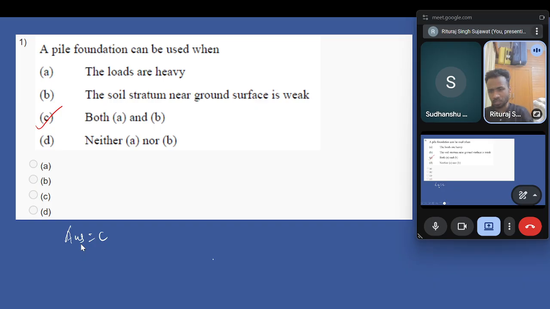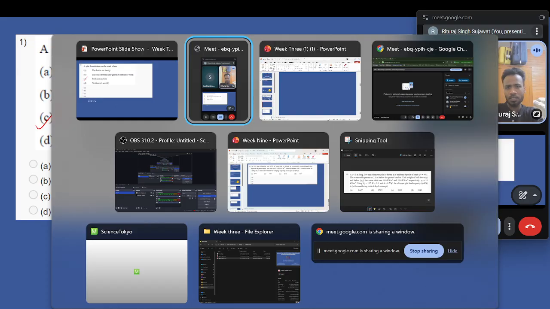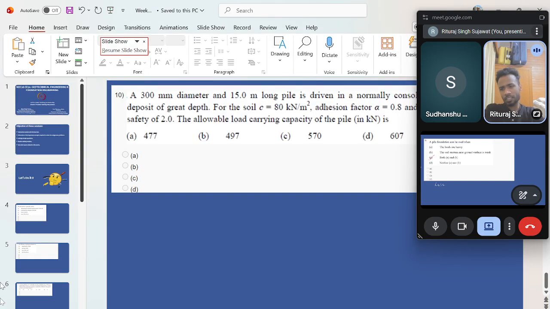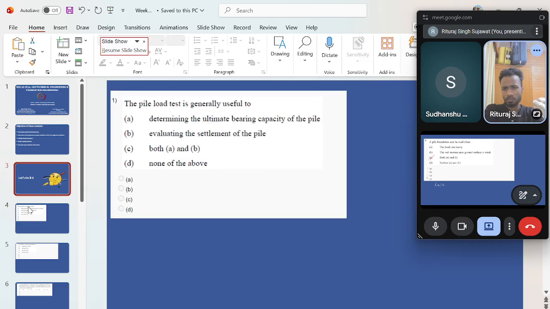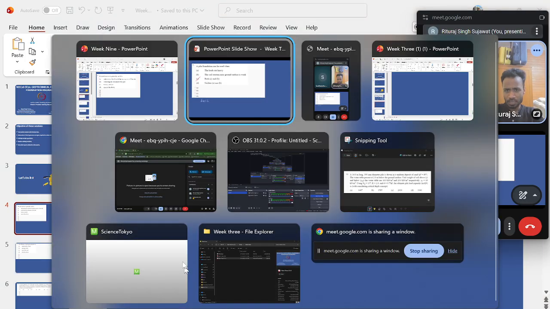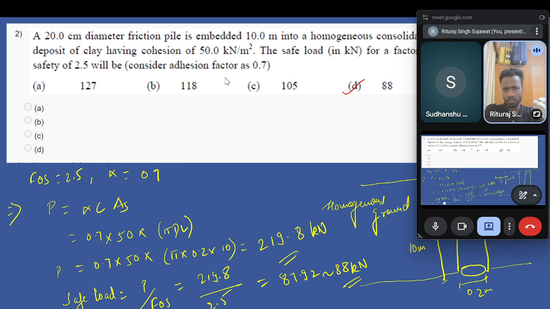Okay, it's marked already. No worries. Basically, we go for the pile foundation when the loads are heavy and we need to transfer the load, and the soil stratum at the bottom is weak. That's where we use the pile foundation. Okay, I think I shared the wrong slide.